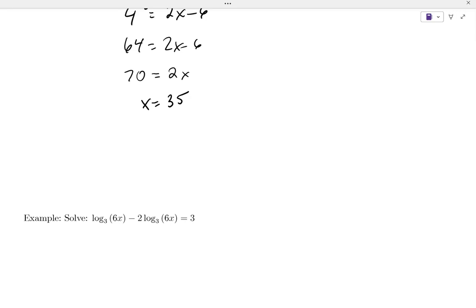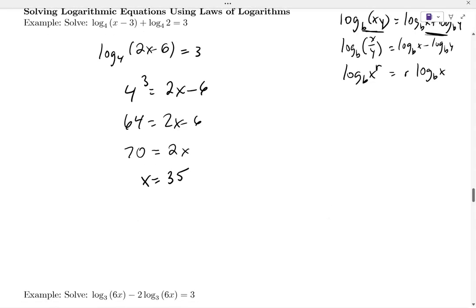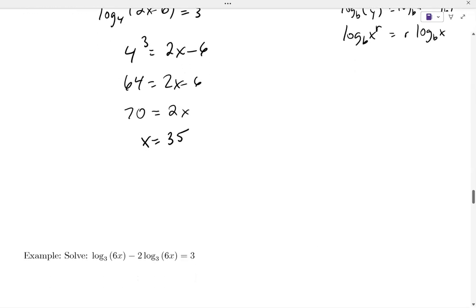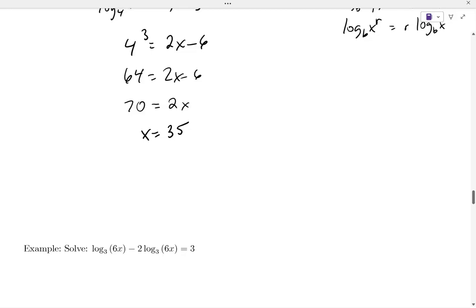There's something different about this first step than the previous first step. We got a 2 out in front, don't we? So what do I need to do with that 2 out in front first? Make it an exponent. That's exactly right.